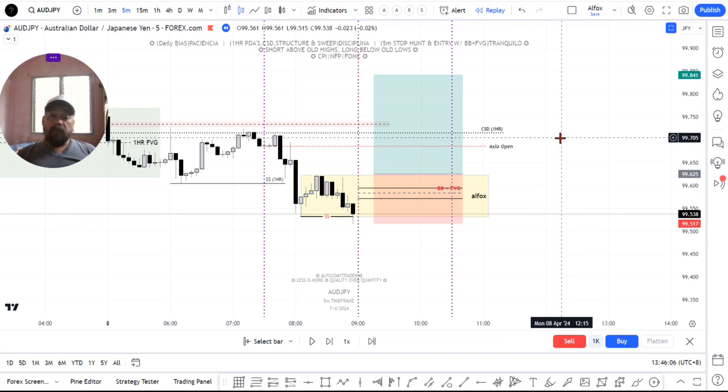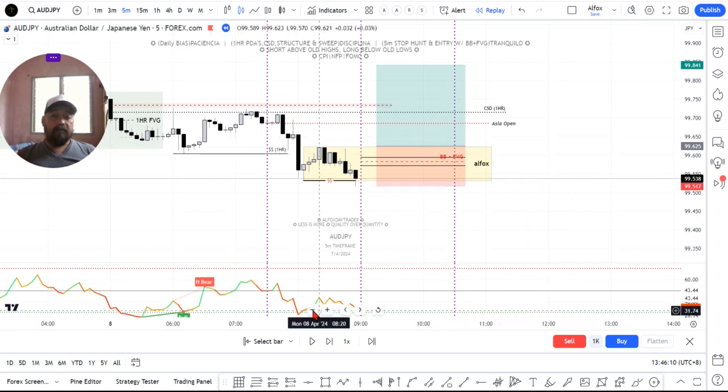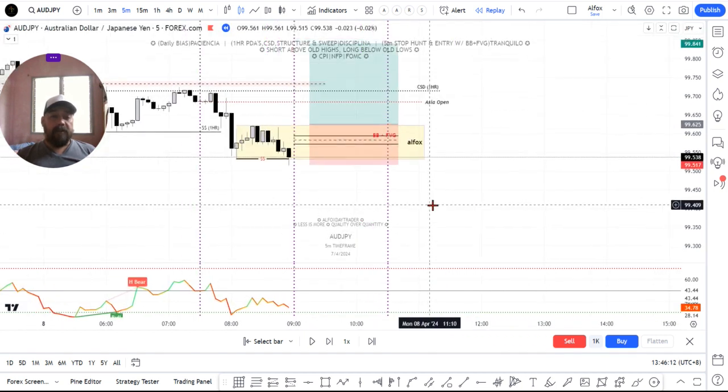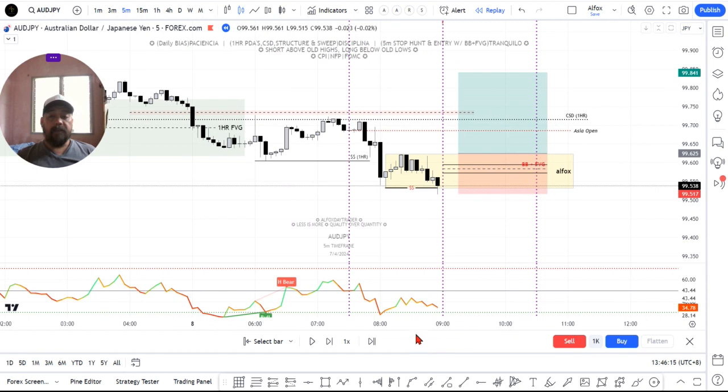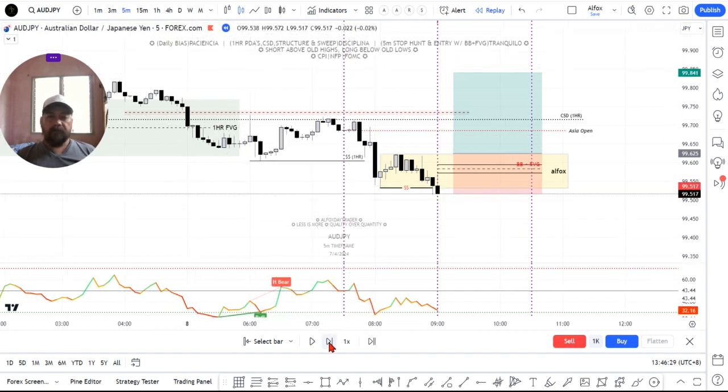One more additional confluence that I add is our RSI divergence. As you can see, price is going down here, but in our RSI, it shows that price is going up already. That's a divergence. So now let's continue.